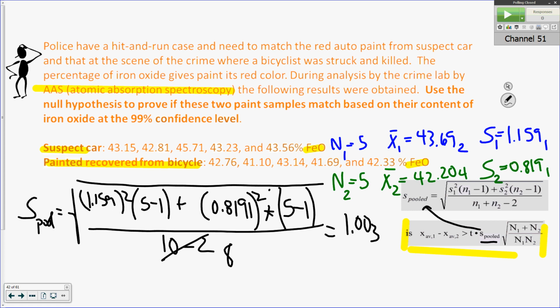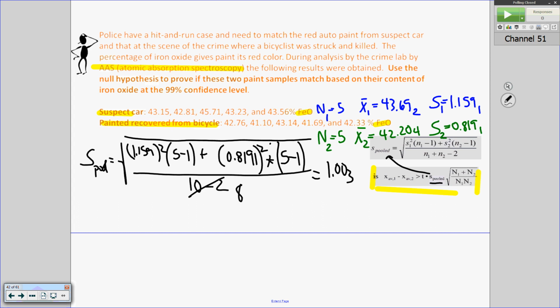I got 1.003. Okay, good. So now let's extend the page down a little bit and continue the calculation. So now I've got all the information. I want to apply it to the null hypothesis.